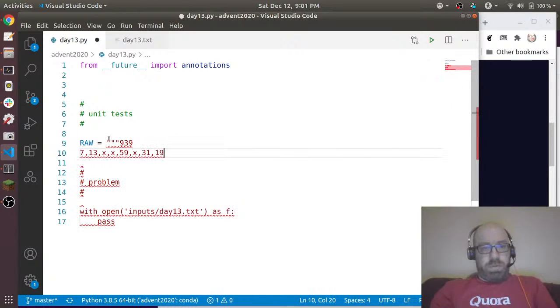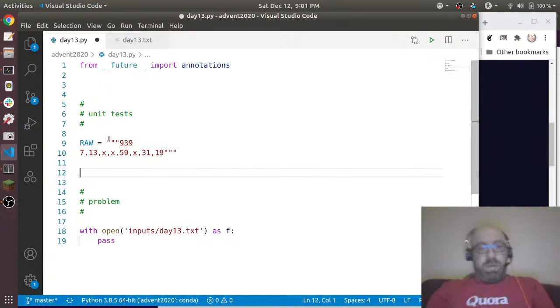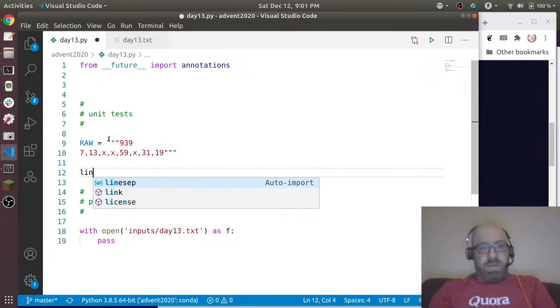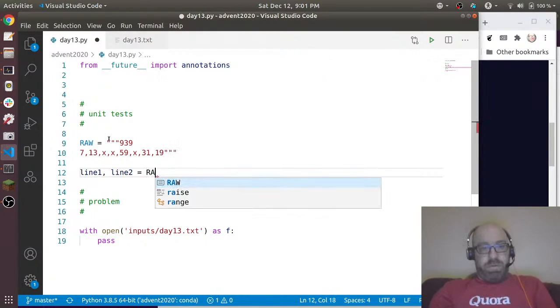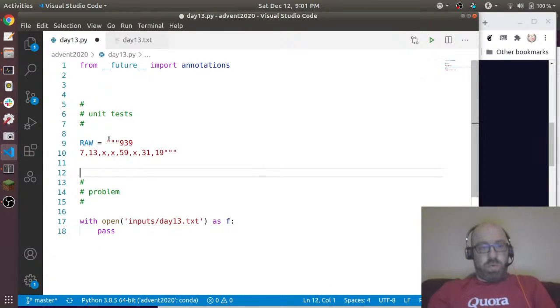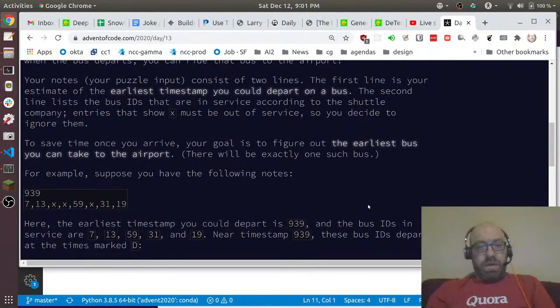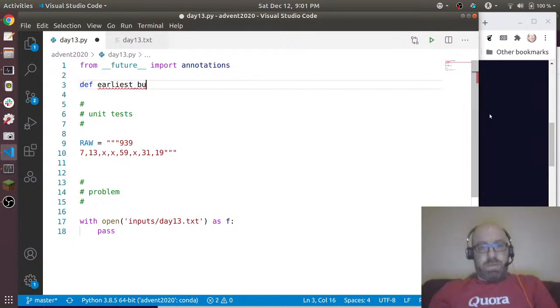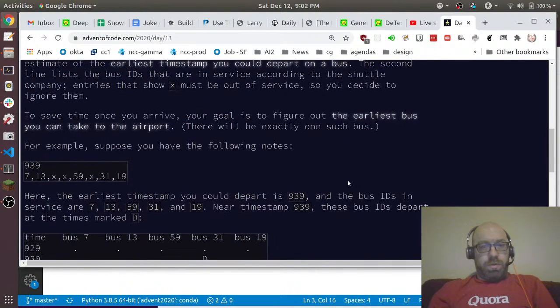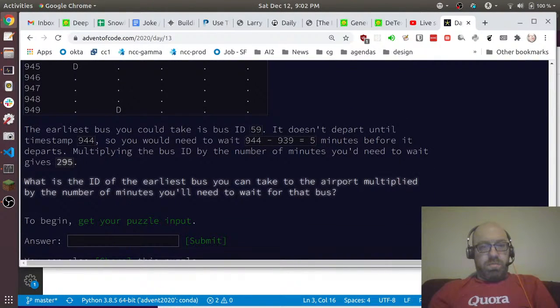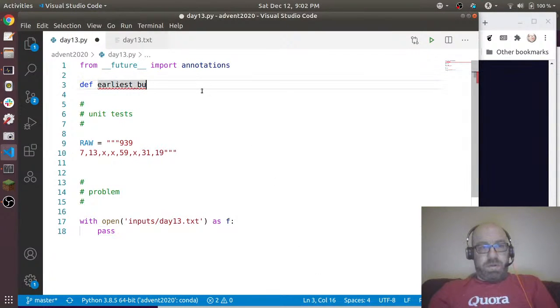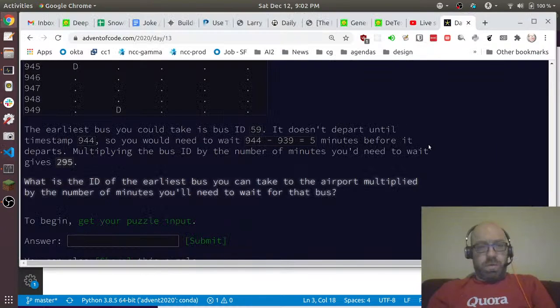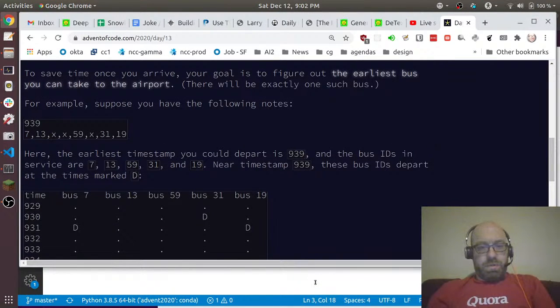Raw equals this. And let's say line 1, line 2, and so I want to find the earliest bus. Multiplying the bus ID by the number of minutes you need to wait gives 295. Earliest bus. And what do I want to call this?